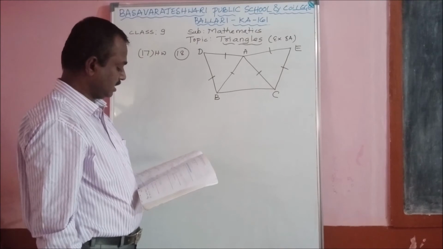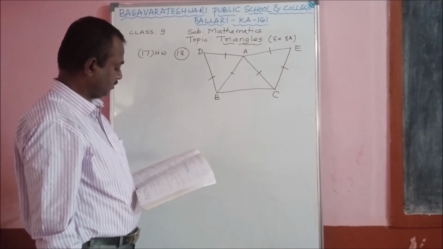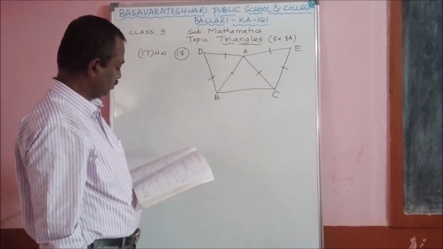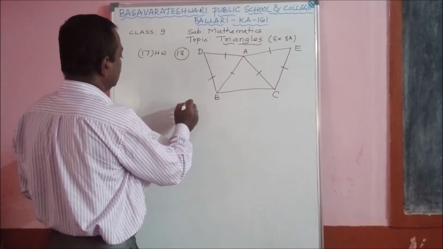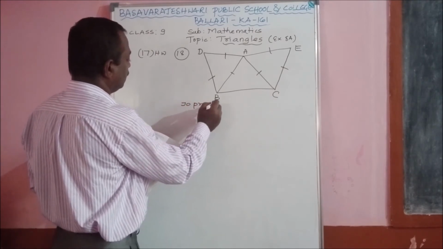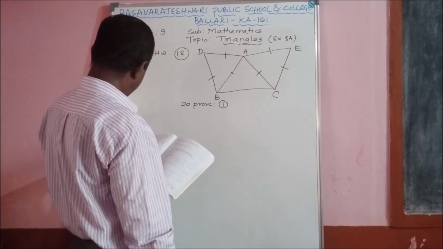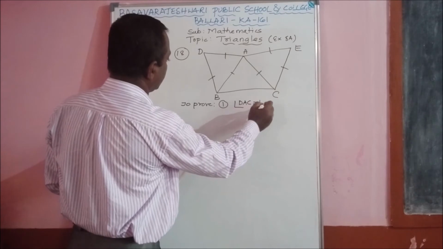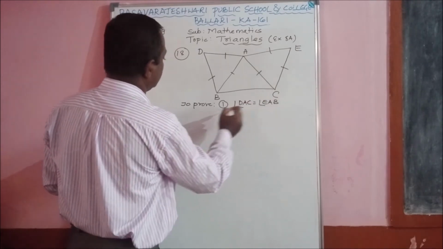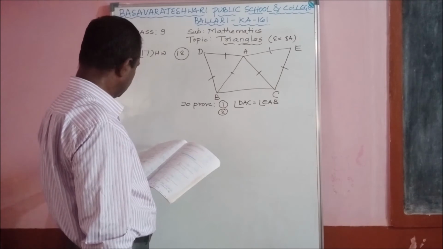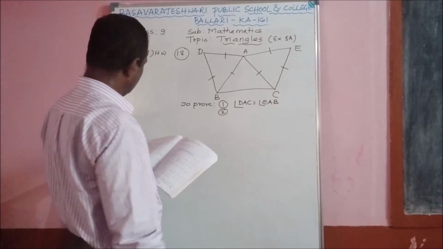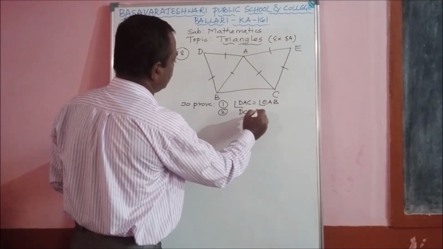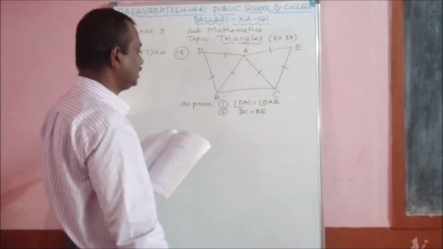Drawn on the sides AB and AC of triangle ABC as shown in the figure. Prove that, what you have to prove? To prove: 1. Angle DAC is equal to angle EAB. Second, what you have to prove? DC is equal to BE.